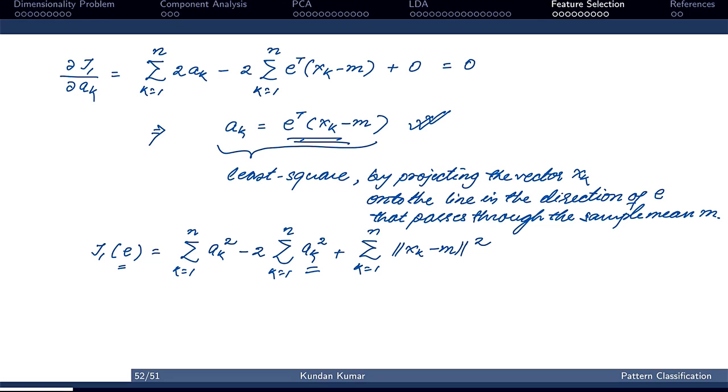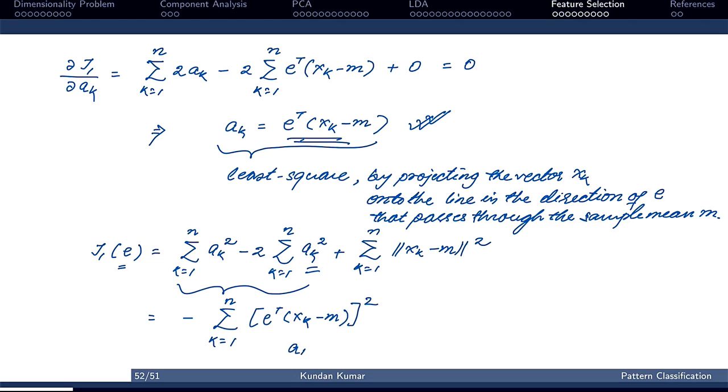So just simplify this term. From these two terms we can write summation k equal to 1 to n. Here only one a_k will remain, and we will put the value of a_k, so it will be E transpose (x_k minus m) square.